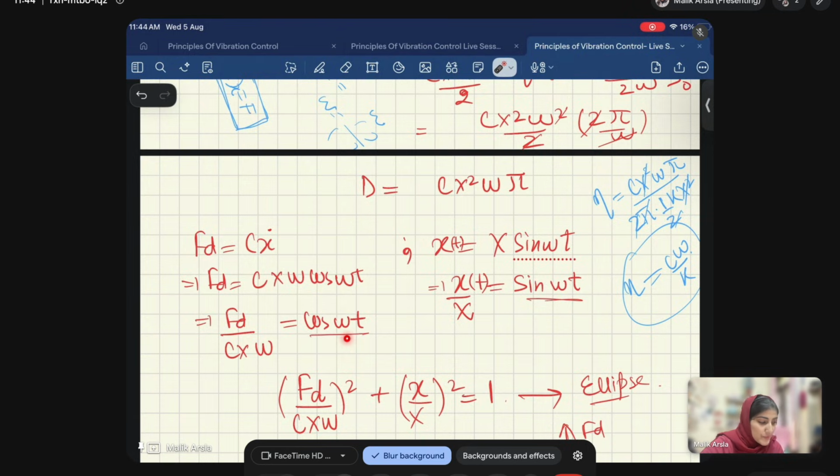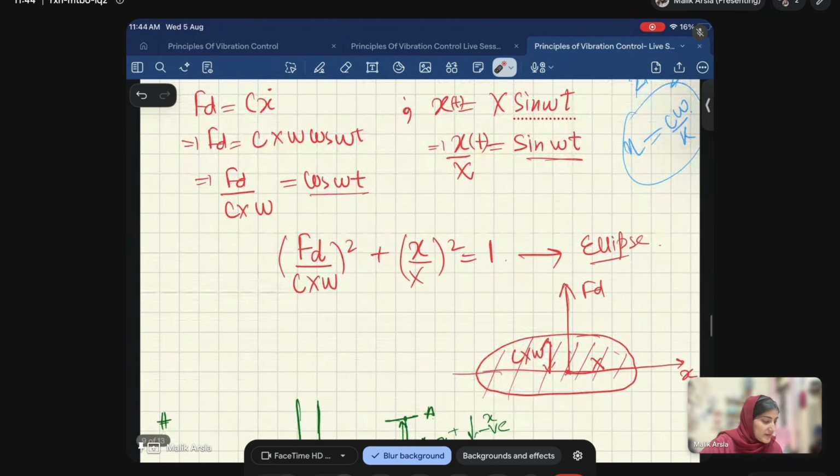Now cos square omega t plus sine square omega t is equal to 1. So this will be our right hand side, and on the left hand side we have F_d upon C X omega whole square plus x upon X whole square, which is basically the equation of an ellipse, right? If you draw this ellipse, the major axis will be this capital X, and the minor axis will be this C X omega.